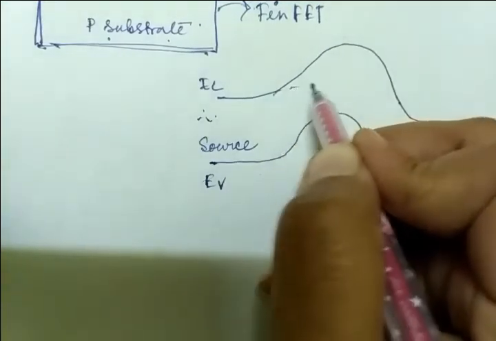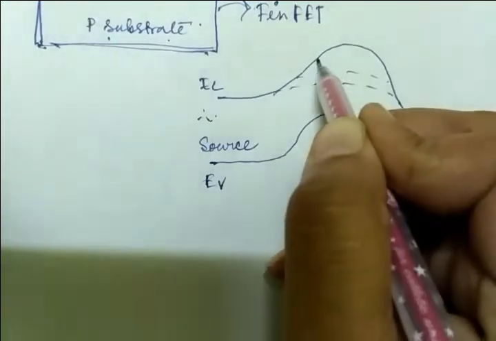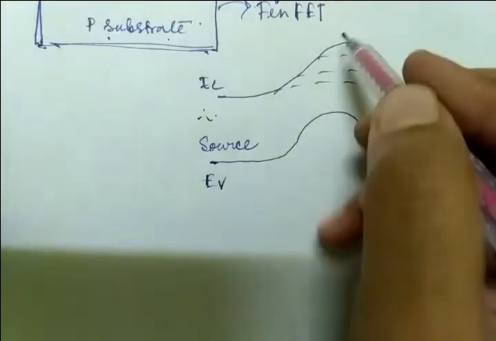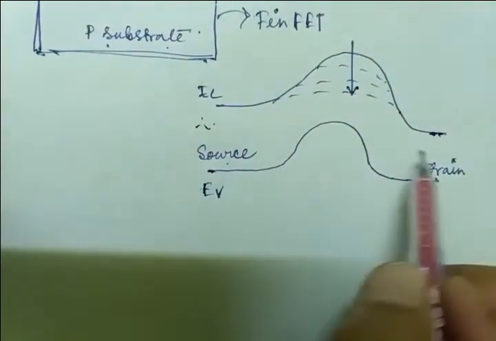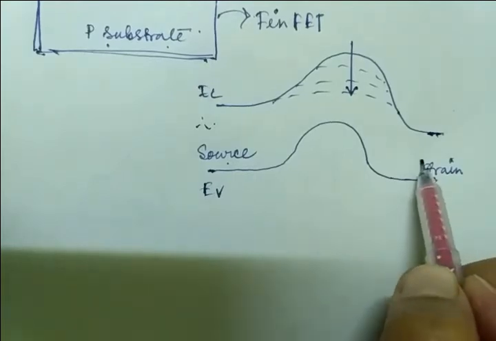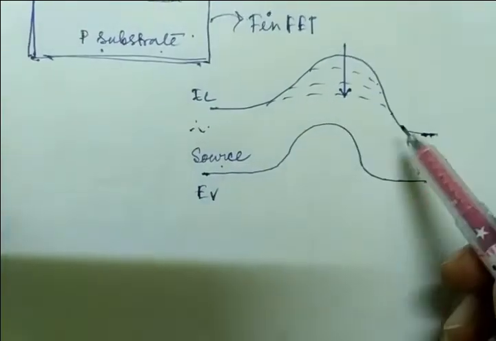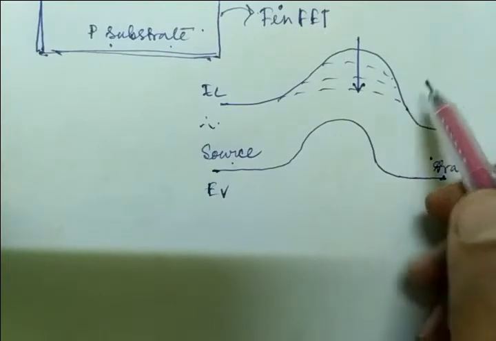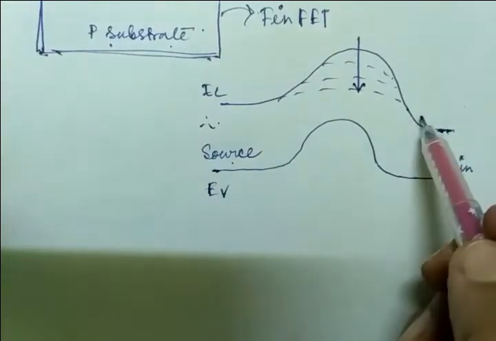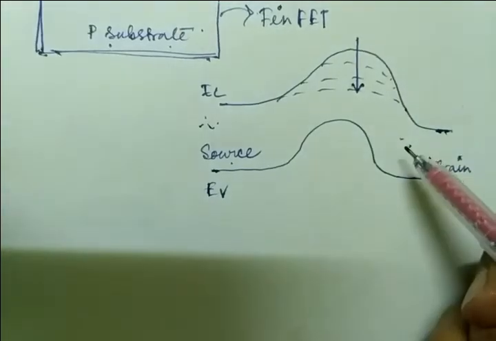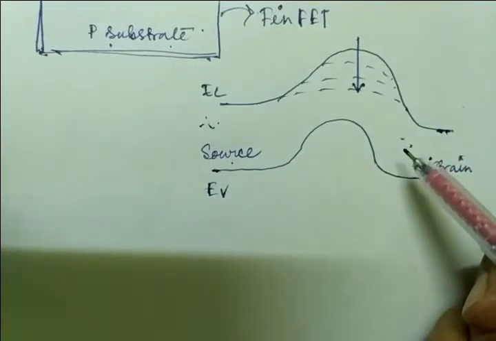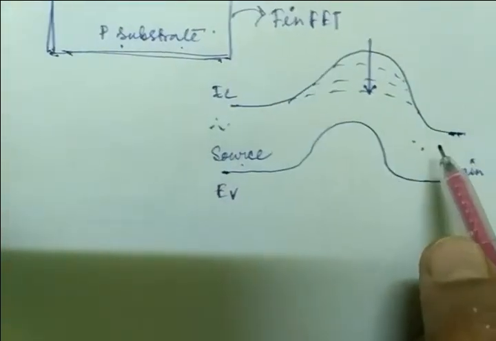So this is the barrier. What barrier? Because from source to drain the current conduction will take place, right? In a planar MOSFET, electrons see this barrier, but it reduces with the gate voltage, and electrons can flow from the source to drain, right?